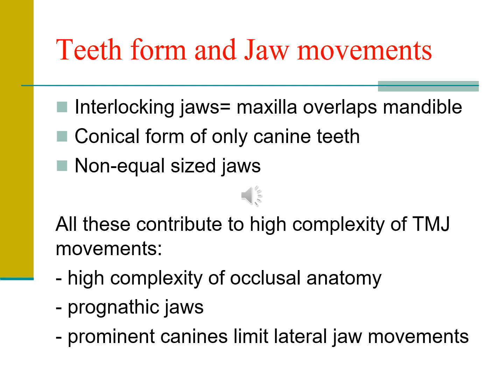Looking into multiple aspects of the tooth form, for example, the conical shape cusps, which happen in humans and the canines, which have prominent conical shape canines, that would limit any lateral movement.